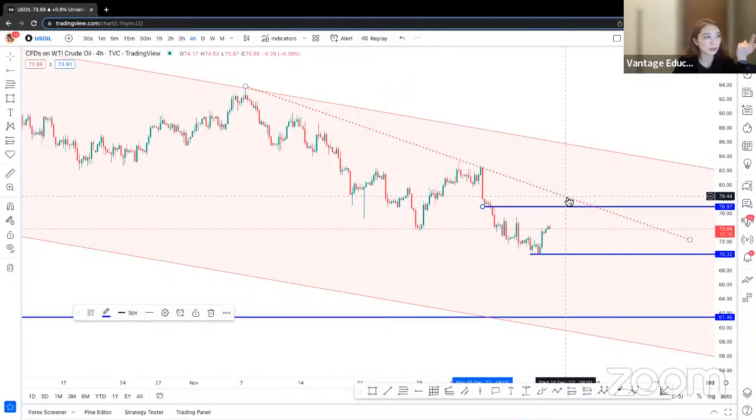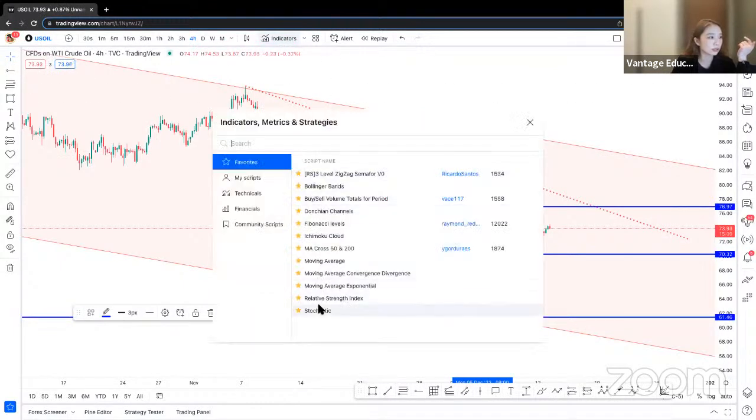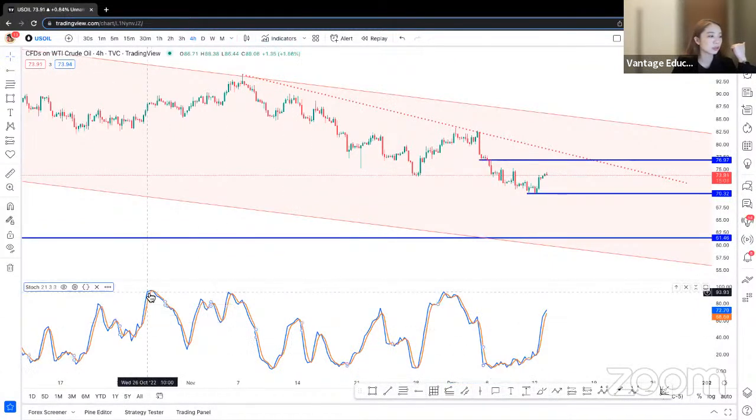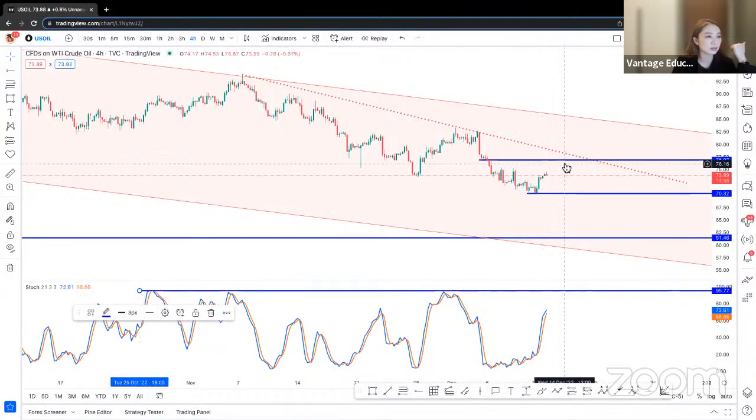However, unless we are looking at price to bounce all the way up to resistance, that I think is something. However, I think at this point of time, the price action does not show the strength to go all the way up, actually. Yeah, even if we are looking at stochastics, we are almost hitting the resistance, isn't it?